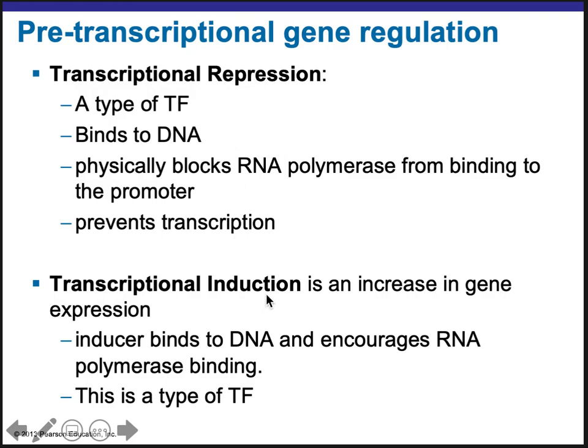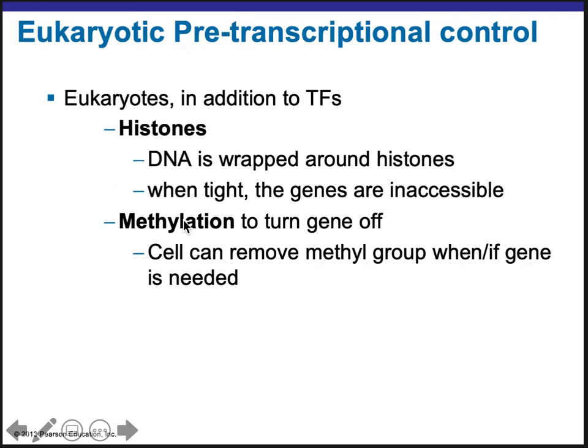Repression or induction. In eukaryotes, we also have additional levels of control, such as the histones that we saw, right? Being able to unwrap, loosen up the DNA so it can be accessed, or keeping it tight and making it inaccessible.